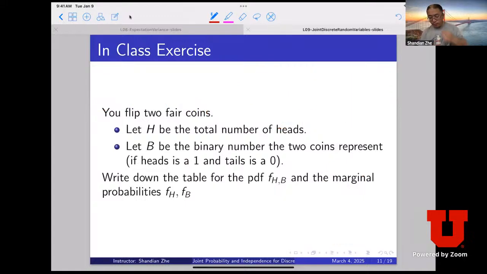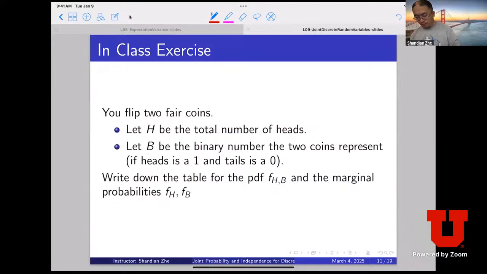We have an experiment where we flip two fair coins. By fair it means you have an equal chance to see heads up and tails up.